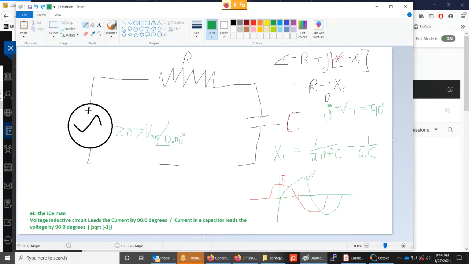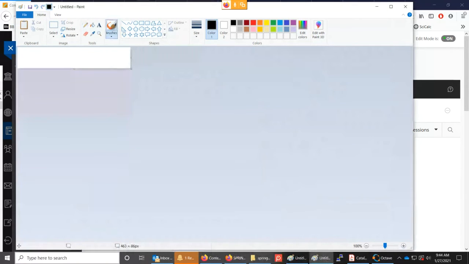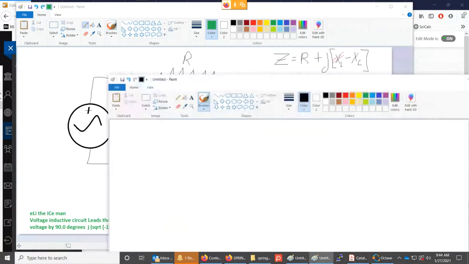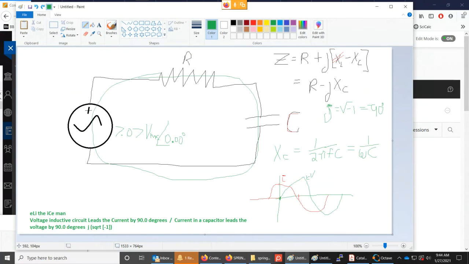So what does that mean for us? Well, it means I need another window here. All right, I'm going to kind of flip back and forth between these here. So now we know that this is the total impedance, right? This is a series circuit.